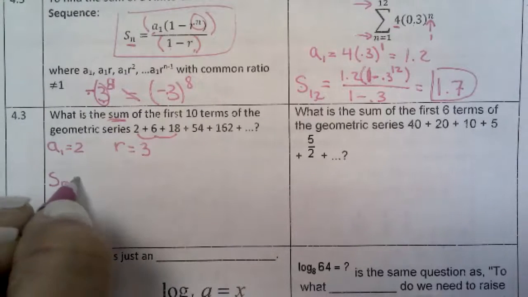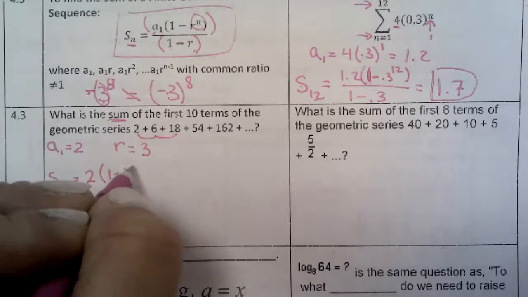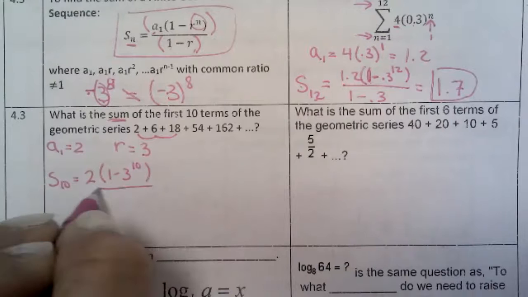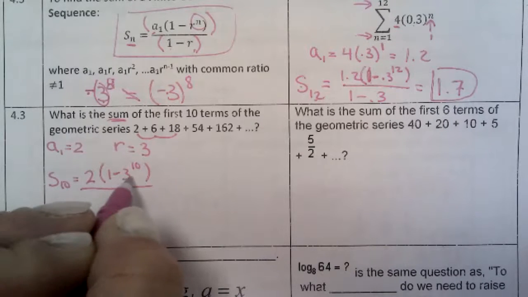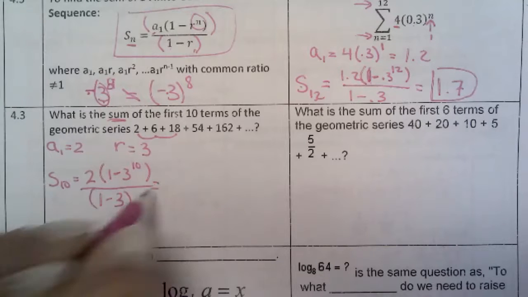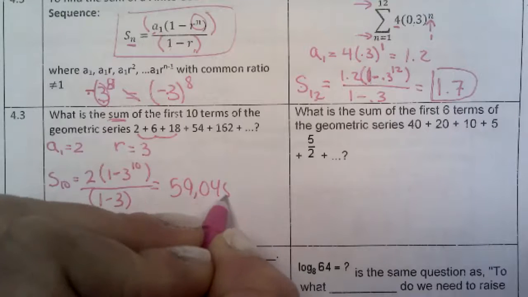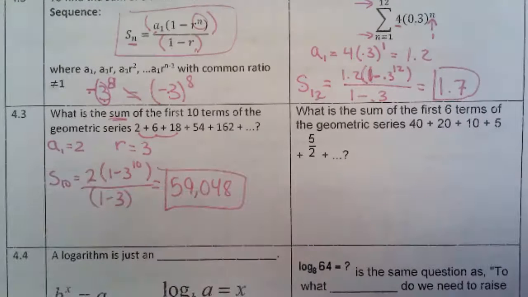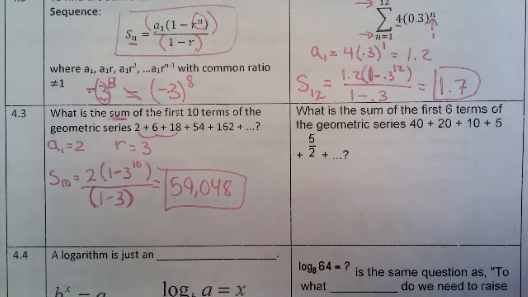So S sub 10 equals 2 times 1 minus 3 to the 10th power, and once again, that 10 is on just the 3, not the entire 1 minus 3, over 1 minus 3. And you should get 59,048. If you're not getting these answers, you're probably forgetting to put this in parentheses in the denominator. So make sure you're doing that.